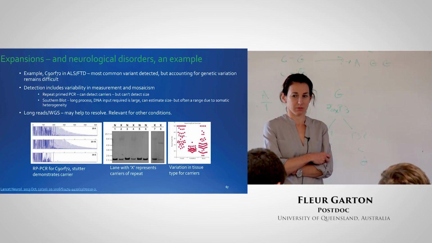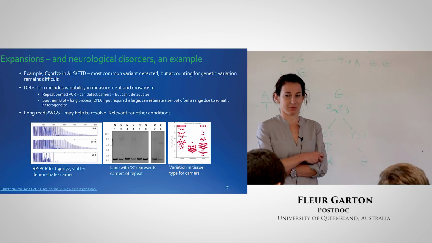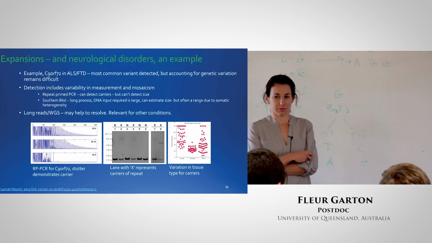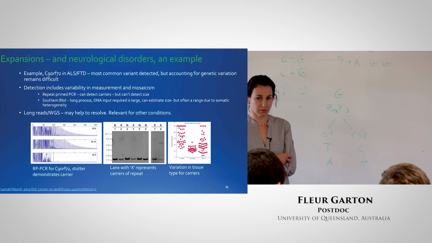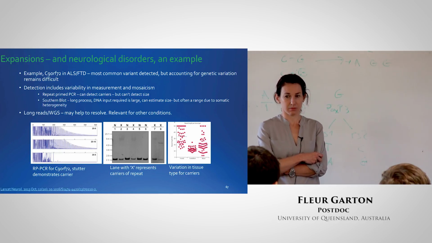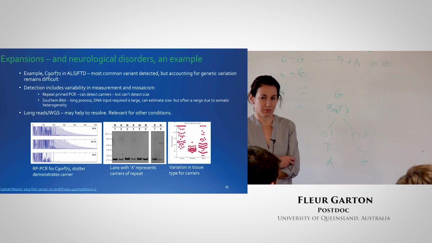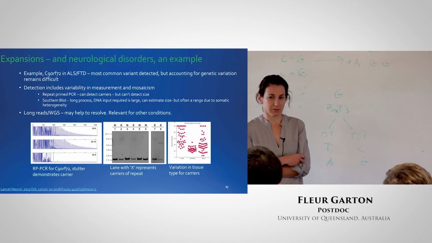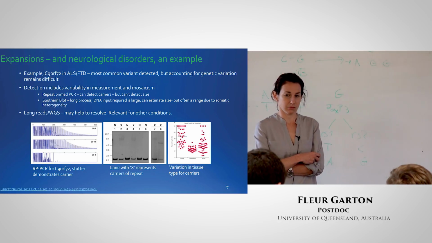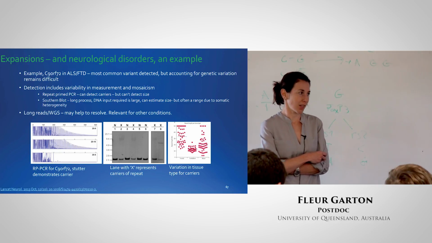I have two questions. First, is there any understanding of environmental types of things that make these slippage events more common? And are there other types of genetic variants similar to these where we might expect a person's genotype to be changing over time?